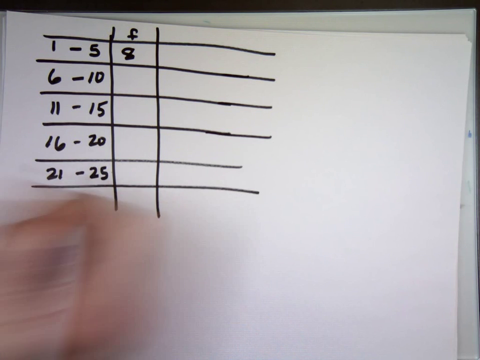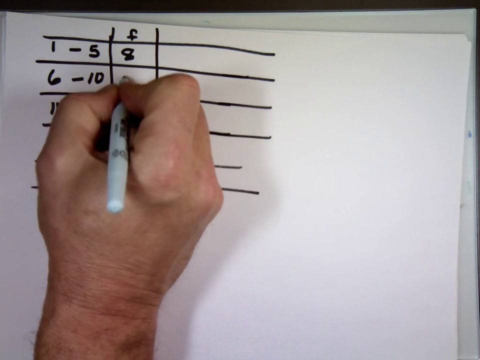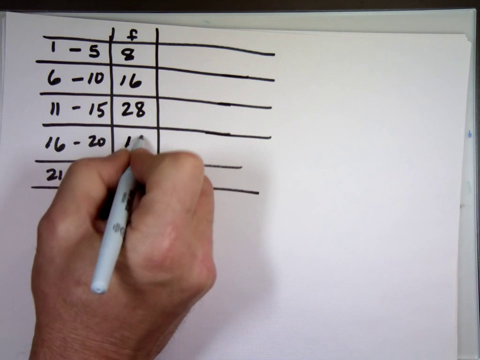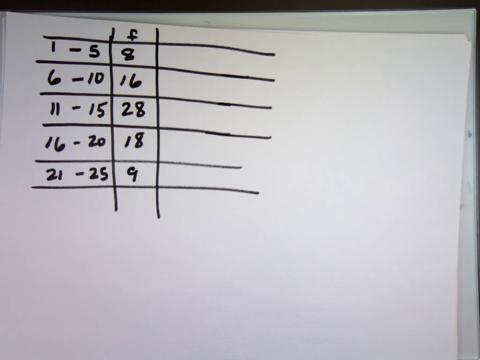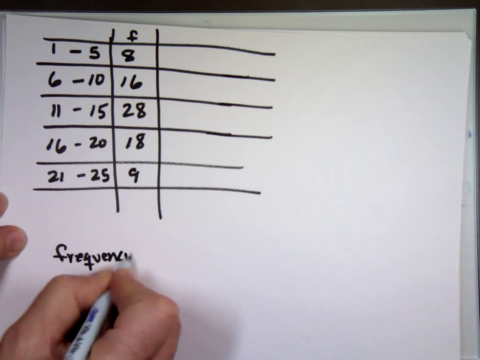The rest of them were dead from smoking too much, so that's why nobody else after that. We got 16 people, we got 28 people, we got 18 people, and we got 9 people. And I want to calculate the mean. That's a frequency distribution table.